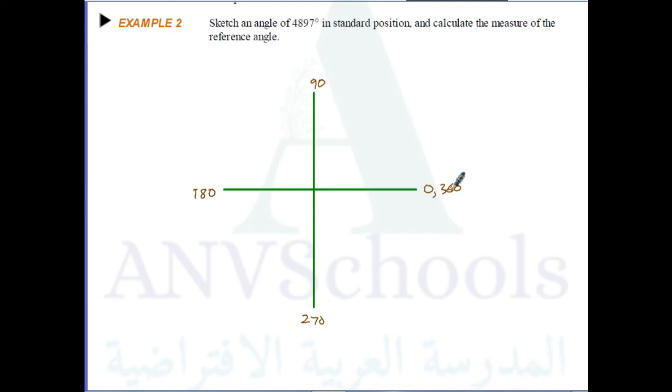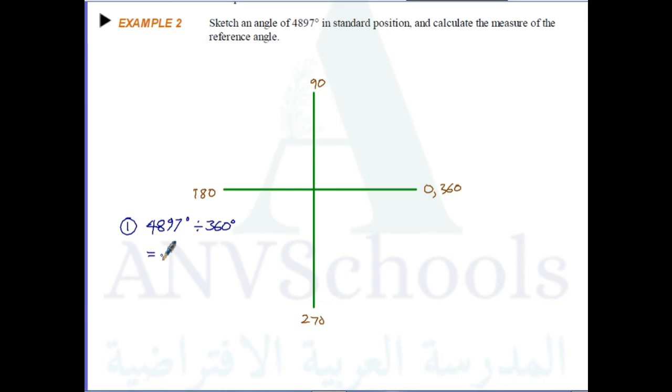So first we have to divide 4897 degrees by 360 degrees. What will it give us?